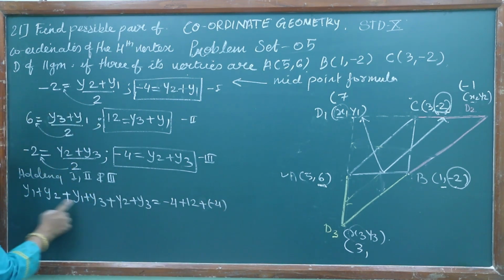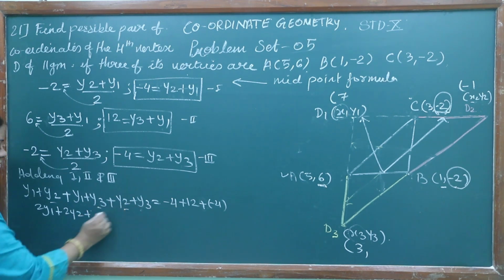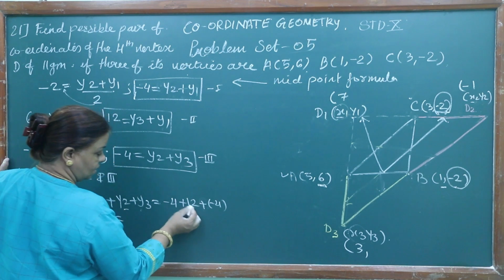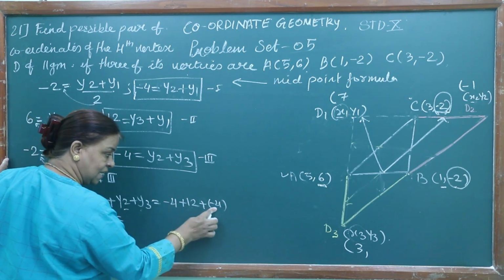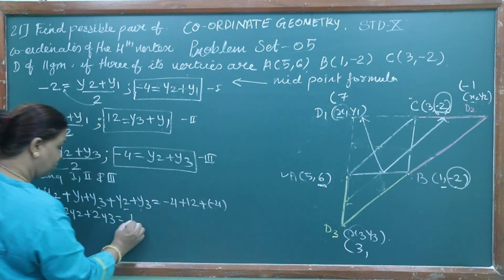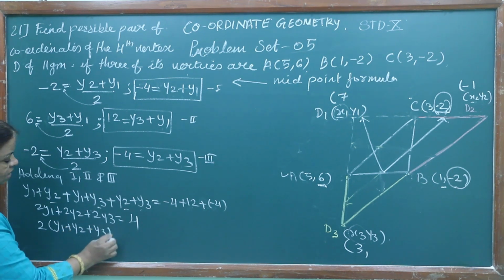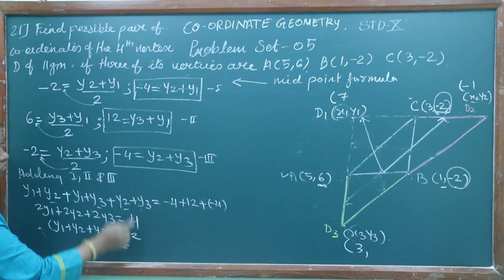That would be 2y1 plus 2y2 plus 2y3 is equal to 8 minus 8 plus 12. See, minus 4 will be minus 8. 12 minus 8 would be 4. And 2 common, then y1 plus y2 plus y3 is equal to 4. 2 will come down, will divide, it will be 2. So y1 plus y2 plus y3 is equal to 2.